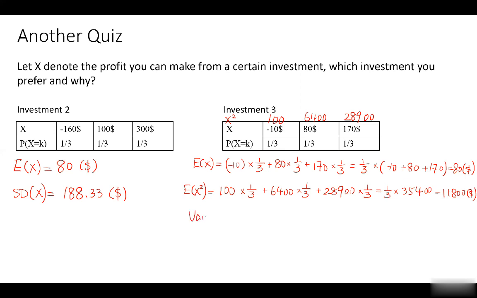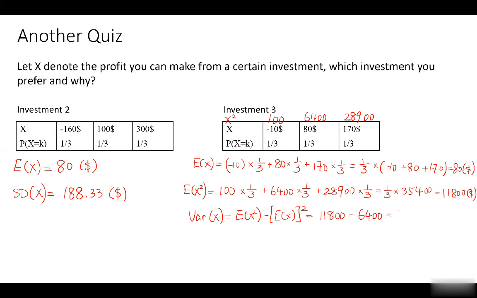Okay, then we can calculate VARX, which is the variance of X, right? Variance of X is EX squared subtracted by the expected value of X, then squared, which is 11800 minus 6400, right?